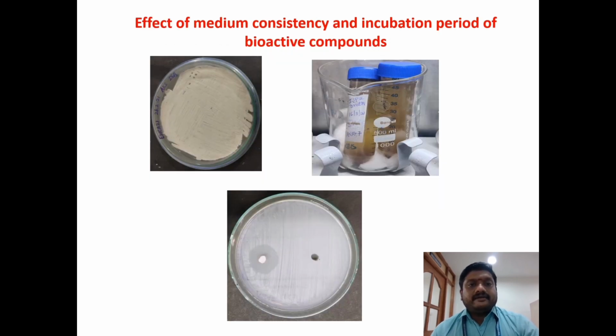After that, we studied the effect of medium consistency and incubation period on bioactive components using fermentation, both solid state and liquid state. When compared with liquid state fermentation, solid state fermentation showed promising activity and the yield also increased, so we have chosen this for our further study.